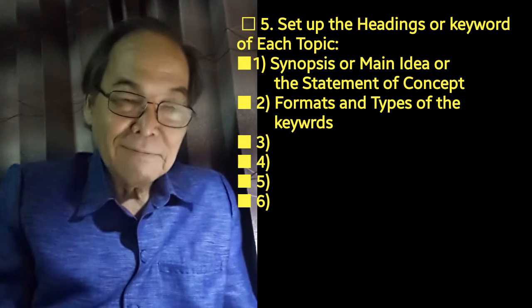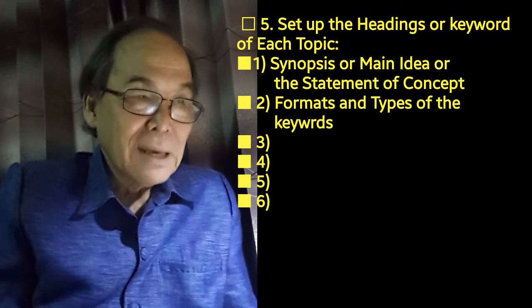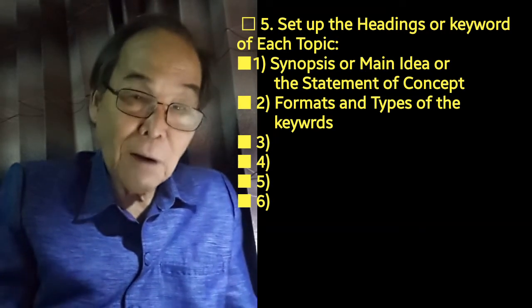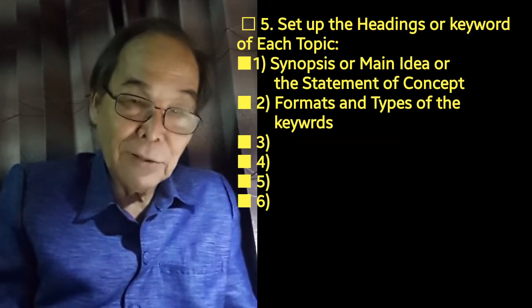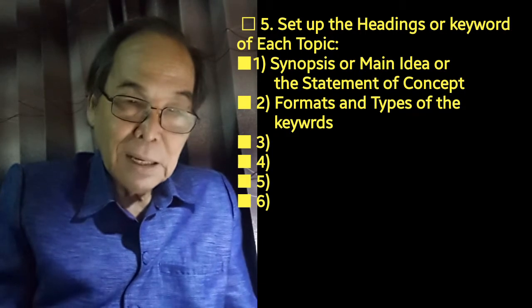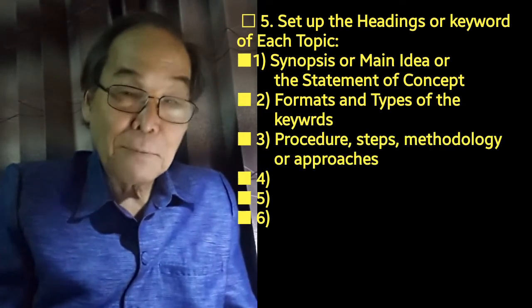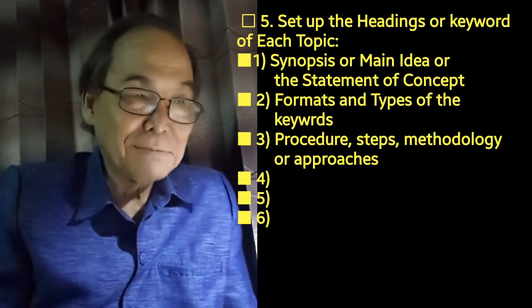Second, forms and types or formats and types of the thing you are talking about. If you talk about birds, there will be the types of birds or something like that. Okay.